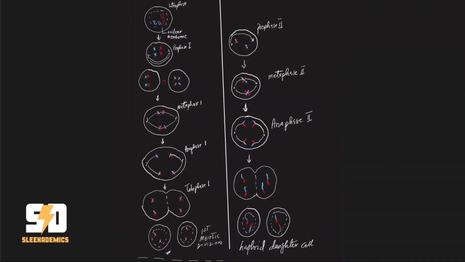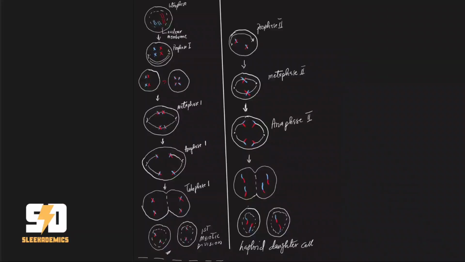So looking at it, we can see that we actually reduce the number of chromosomes in the daughter cells through meiosis. Now, why is this important? Humans have 46 in total, and whenever there is going to be a sexual reproduction, the production of the gametes undergo meiosis.